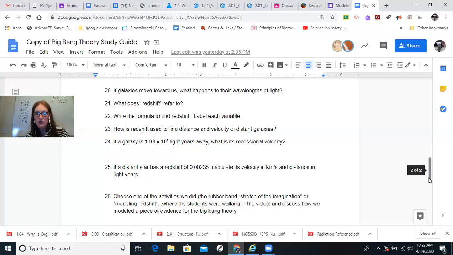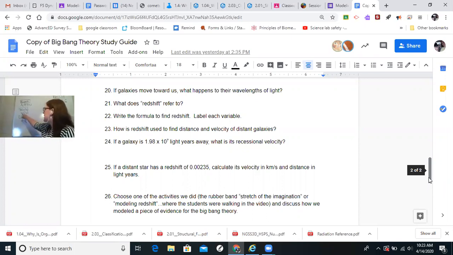And for an example, if you wanted to rearrange these formulas, if you didn't have velocity down here, but you had a distance, you could totally just use z times c right here and make a brand new formula. You could use redshift right here. Do you see what I'm saying? Yeah.